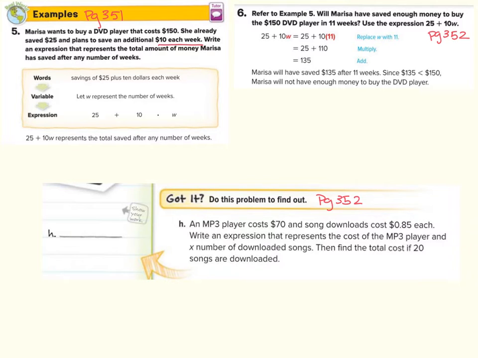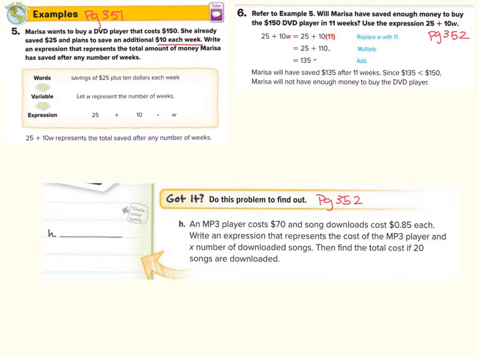So basically you just have to figure out, if she works 11 weeks, earning $10 each week, how much that's going to be. So we're going to substitute that 11 in place of the W that stood for the number of weeks, and then go ahead and solve it. So 11 times 10 is 110. Then we add the $25, which she already had saved, and then she actually has a total of $135.